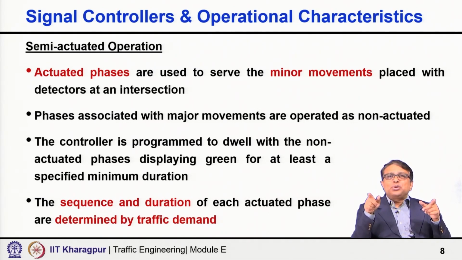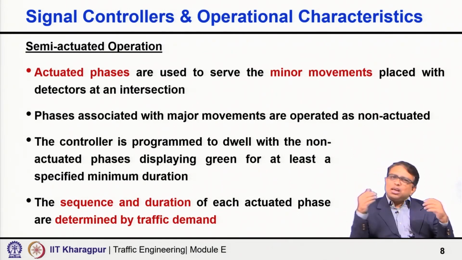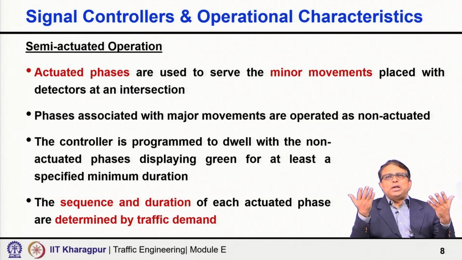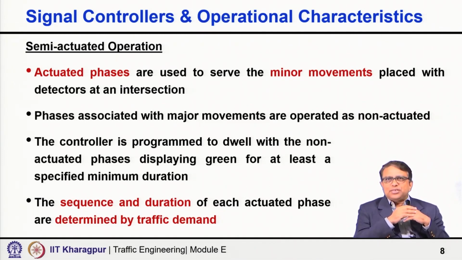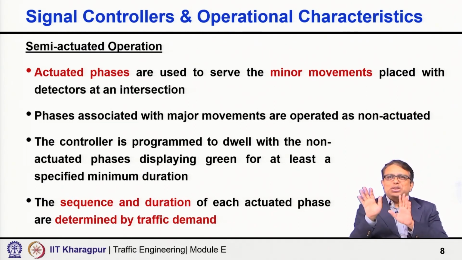So, on the minor road we put sensors or detectors and that becomes the actuated phase. There could be more than one minor road also, right. So, actuated phases are used to serve minor movements placed with detectors at an intersection. The major movements we are not installing detectors for, because by default they are to be green the majority of the time.